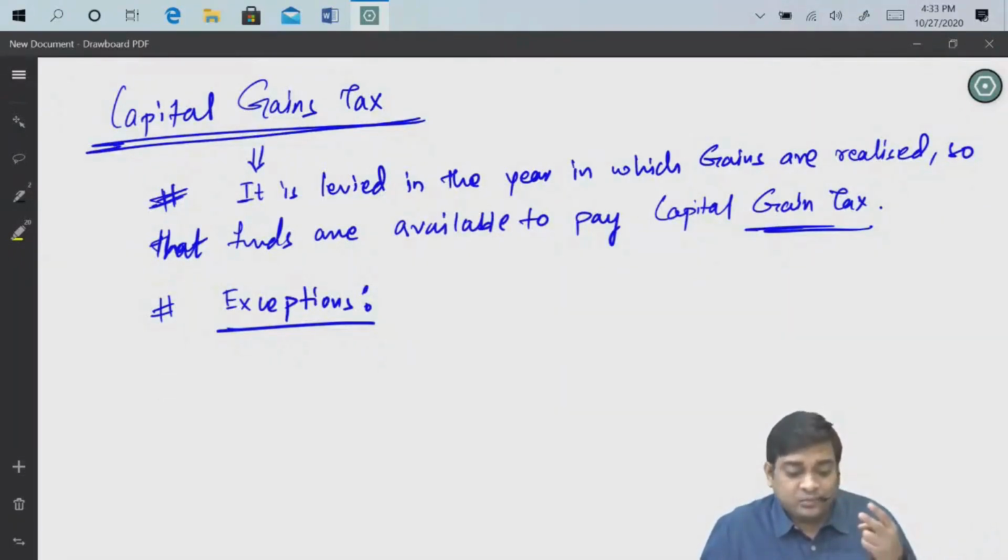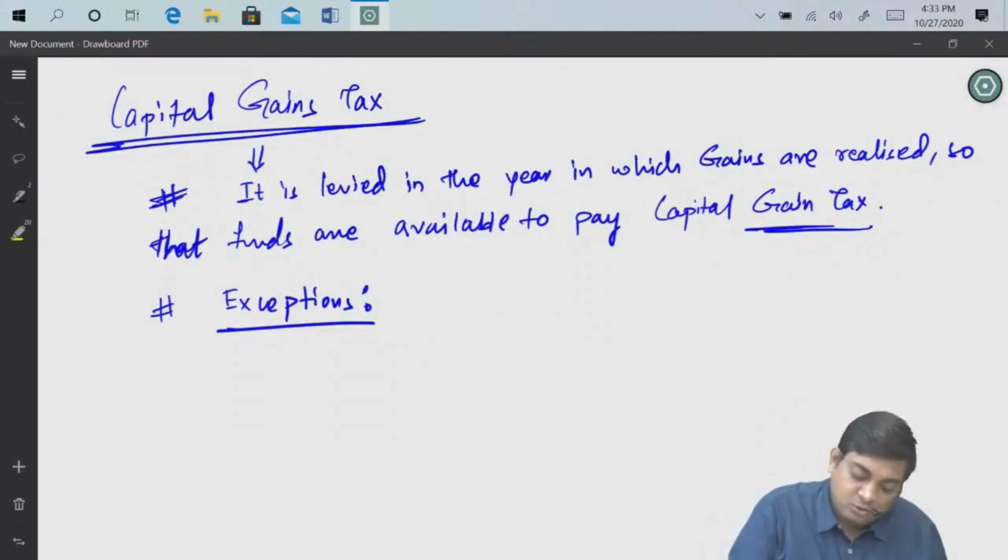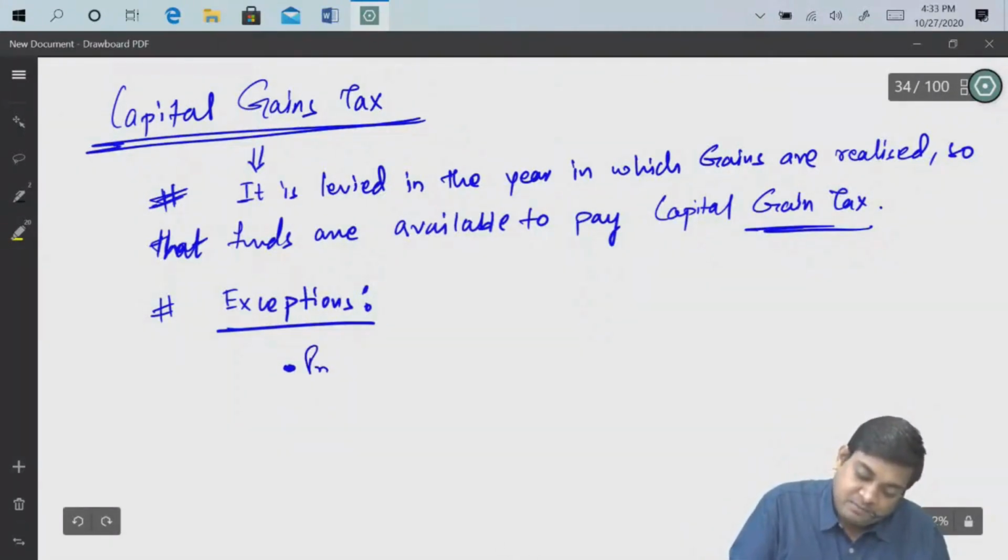Second, capital gains is usually not calculated in certain cases. What are those cases? Privately held motor cars.